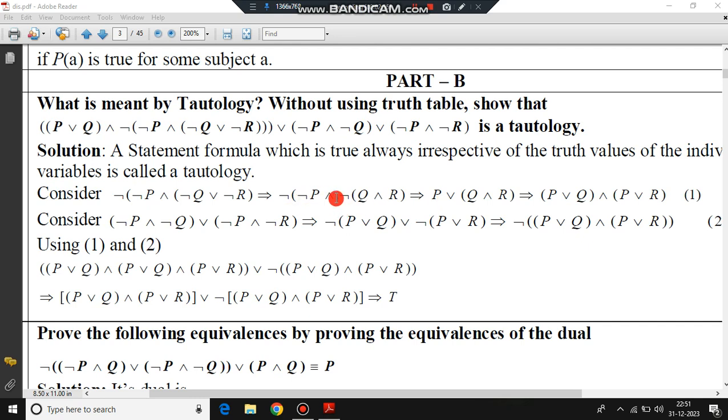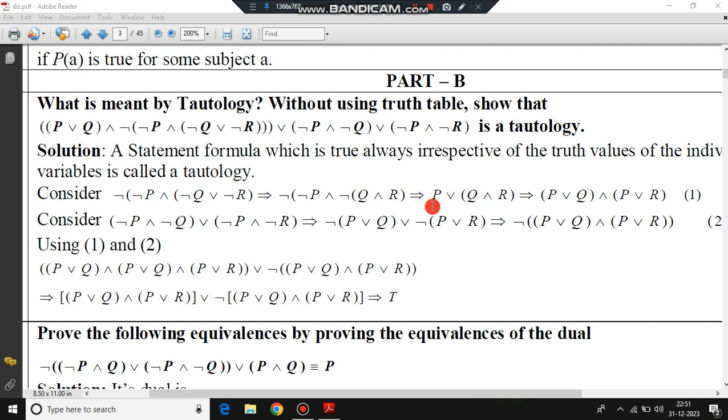Which implies, again we are using the negation law: negation of negation P can be written as P. Negation of negation P and negation of (Q and R). Here we are using De Morgan's law again. You will get negation of negation P or negation of negation of (Q and R), so that negation will get cancelled.